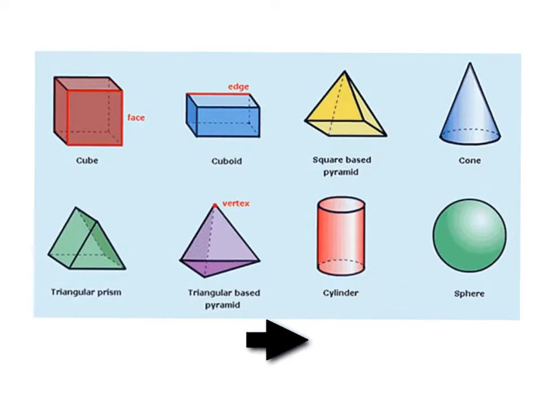If we compare it to a triangular prism, we can see that two faces that are parallel are triangles, which are joined by three sides that are rectangles. It has different features compared to the sphere because it has corners and edges that make it a 3D shape.